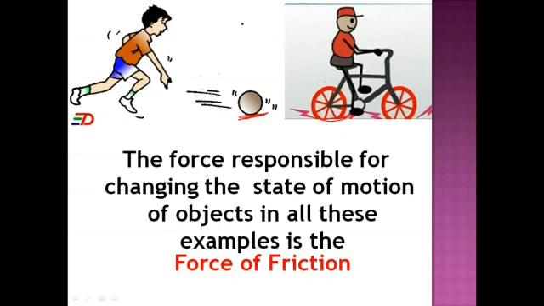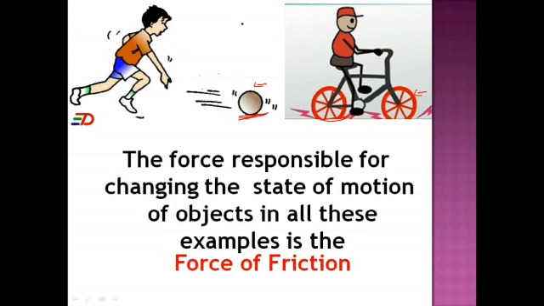So in these two cases, they are in contact, and the force which is acting on it is an opposing force. So this force, which is responsible for changing the state of motion of objects, is called the frictional force.